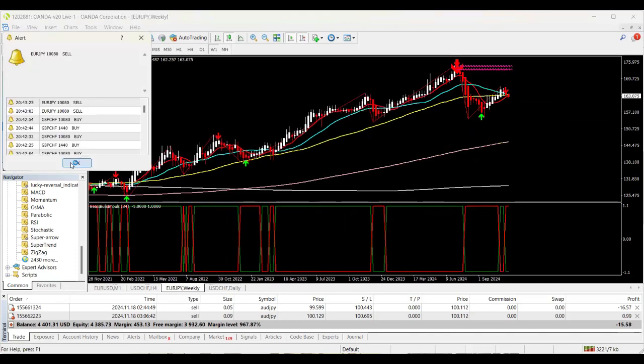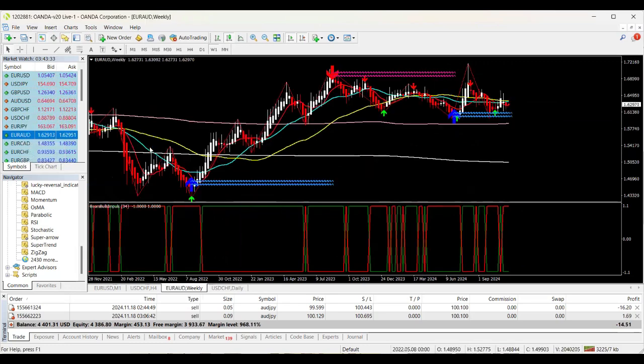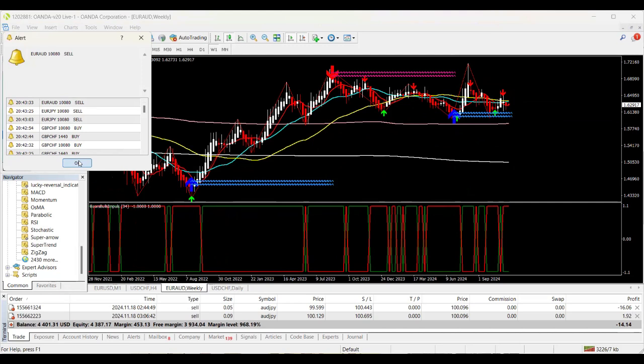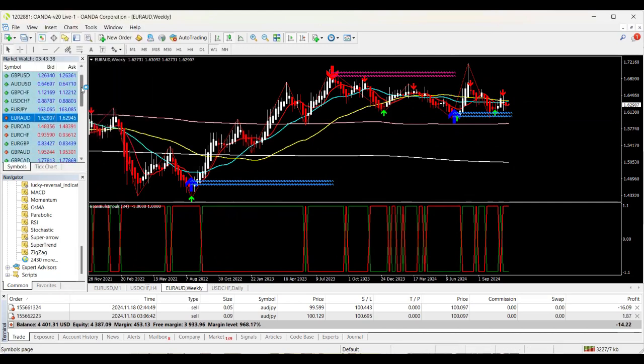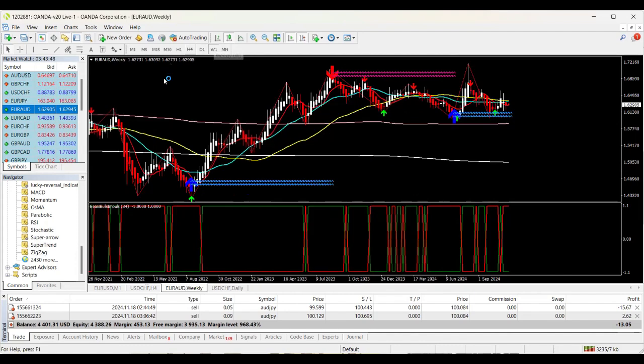I'm not getting in this because I'm in another one, AUDJPY, and I'm going to show you that one. But it's still a JPY pair, so keep your eyes open. Here's another one. We got a sell, but it's very close to a buy. So this is not something I would feel comfortable getting in right now, but it's something to keep an eye on.